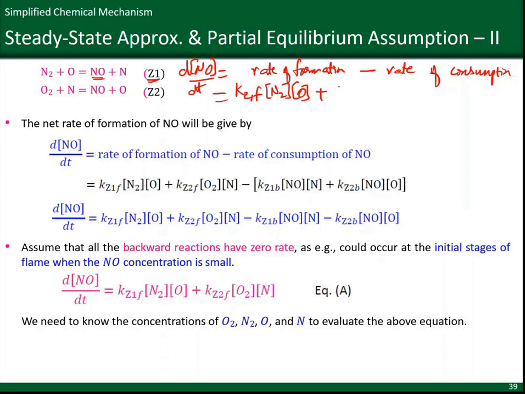From reaction Z2, we can write it as KZ2F, the reaction rate coefficient for the second reaction, times the reactants, O2 times N.